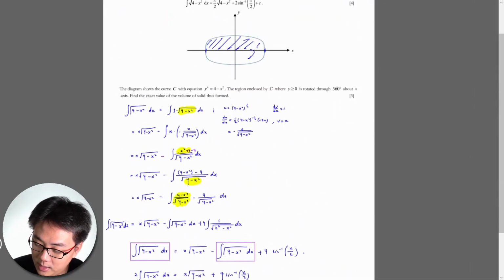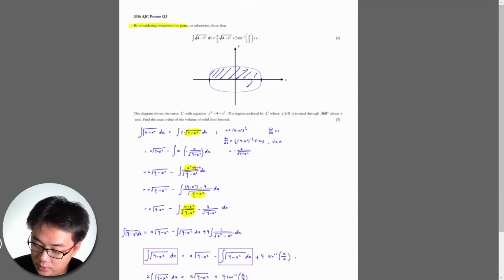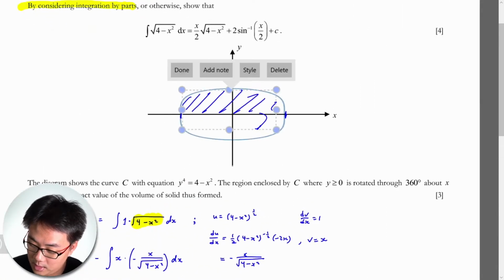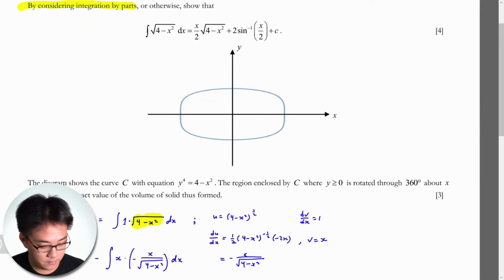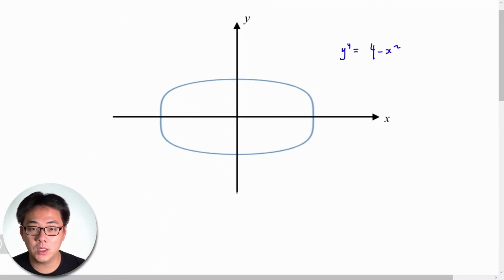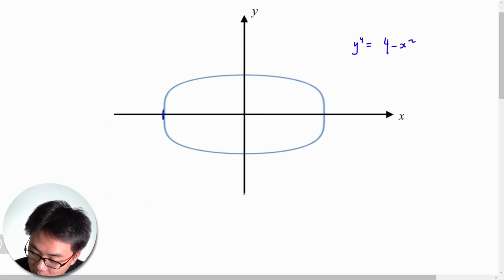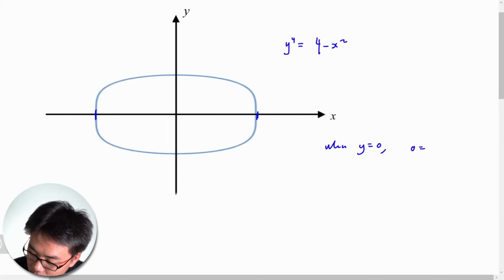I shouldn't do it on the same page, so I will just bring this out. Hold on first. Okay, once we get that ready, so this is pretty okay. First, you need to find what this expression here is. So when y is 0, you know that actually 0 equals 4 minus x squared. So x is equal to 2 or minus 2.